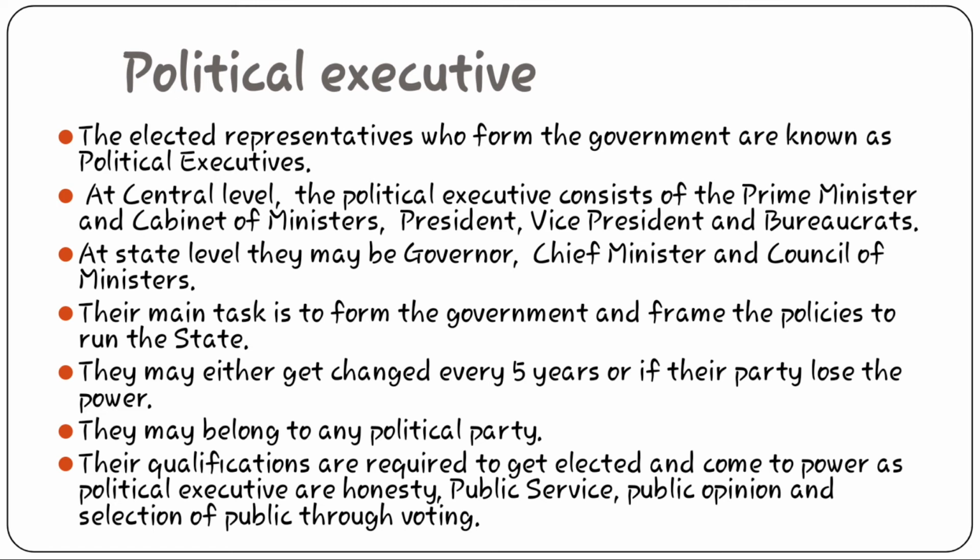At state level, they may be Governor, Chief Minister and Council of Ministers. Their main task is to form the government and frame the policies of the state. They may either change every 5 years or, if the party loses power, they will leave their office. They may belong to any political party.